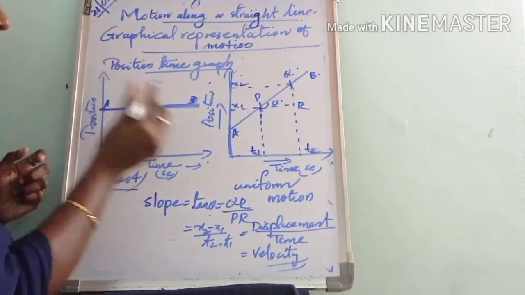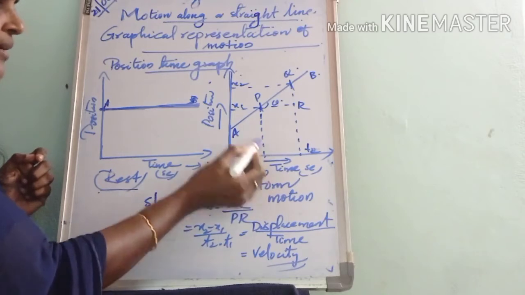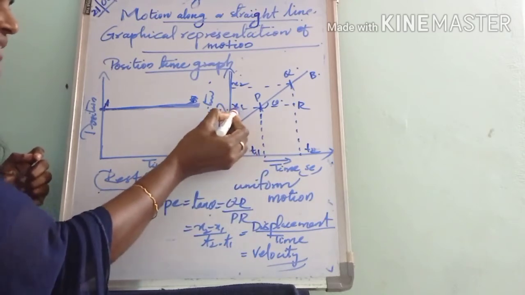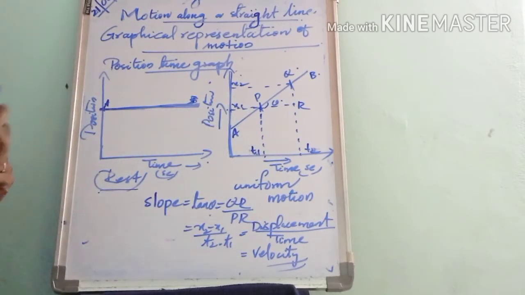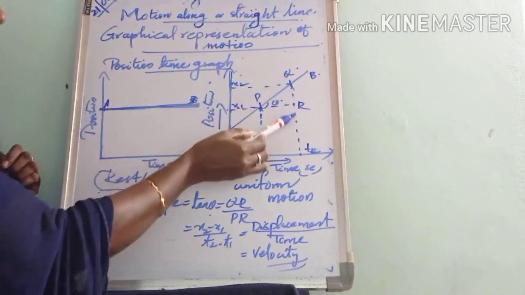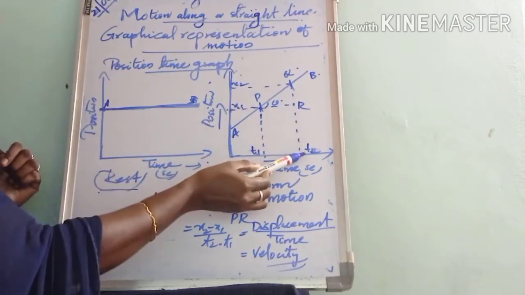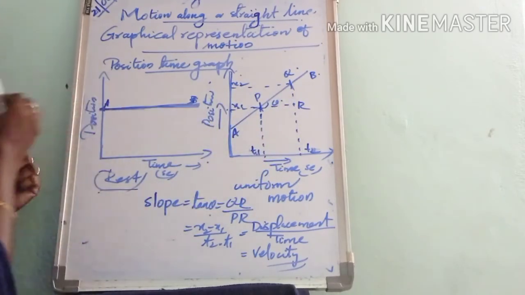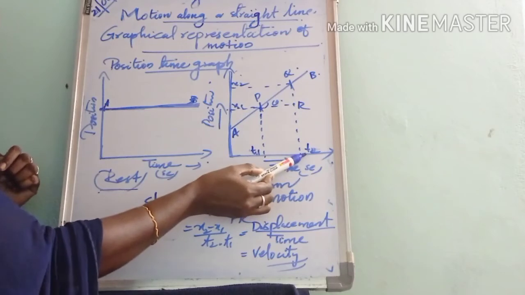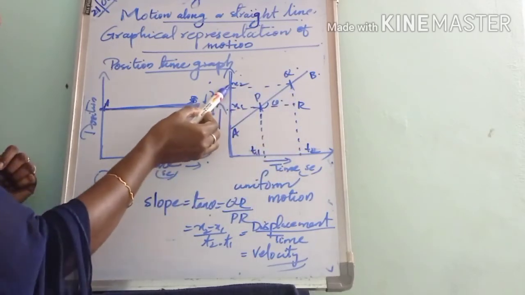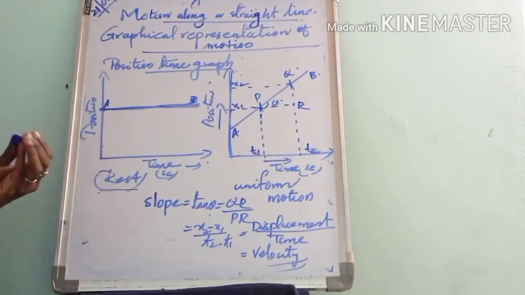On the x-axis it is t1, and the position is x1. Corresponding to the point Q, we also draw perpendiculars towards the x and y-axis. The corresponding time is t2 and the corresponding position is x2.